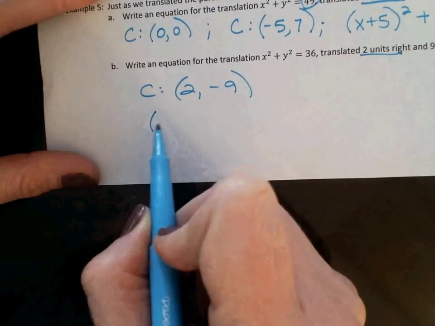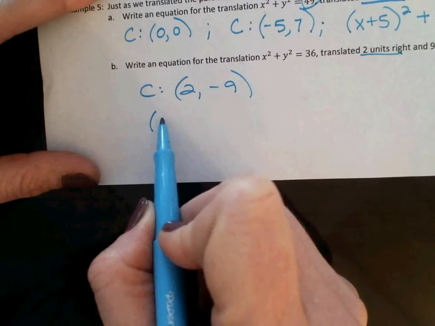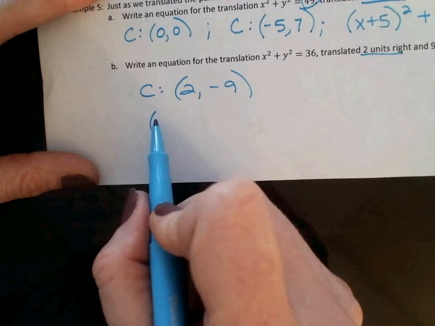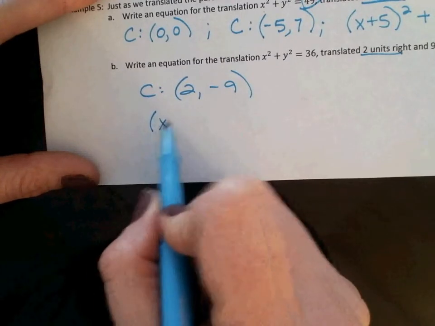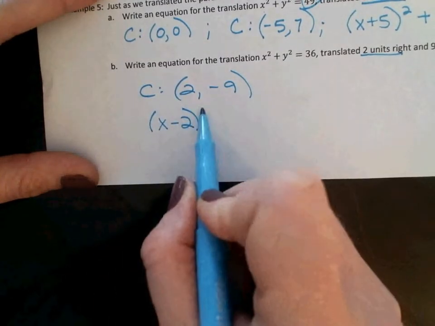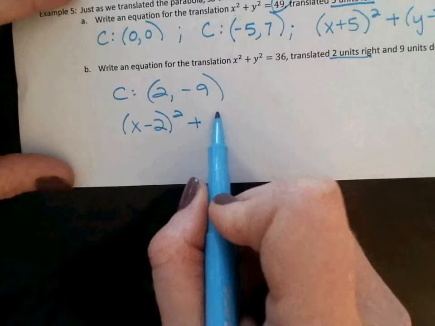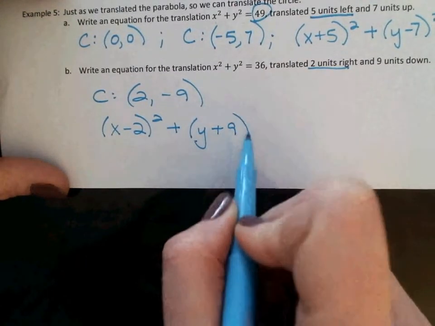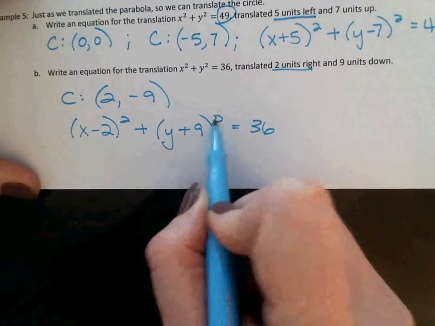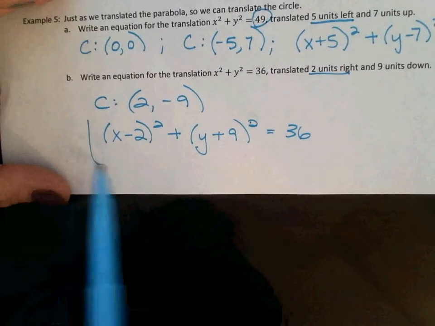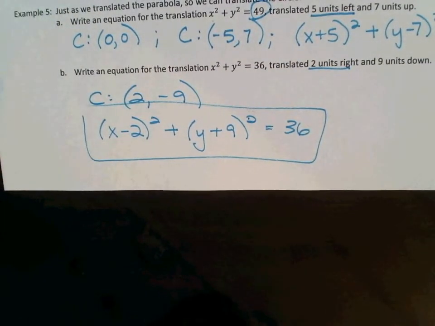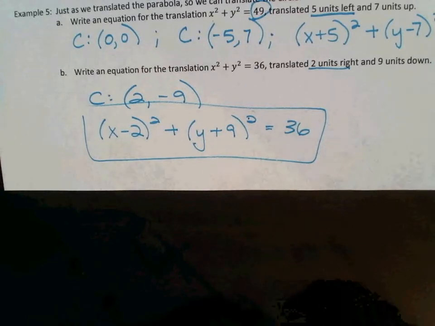Sam, what did you get for the equation? x minus 2 squared plus y plus 9 squared equals 37 squared. Nice. Well done. All right, that's your notes for the day.